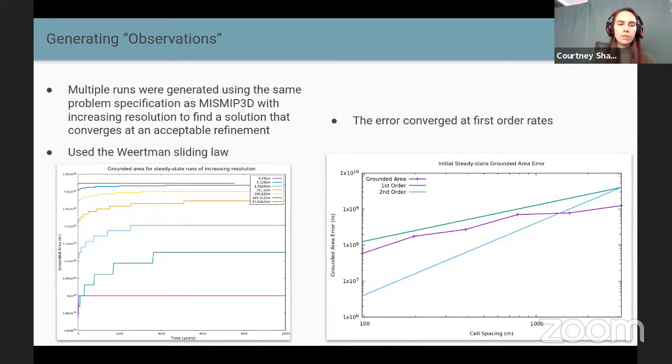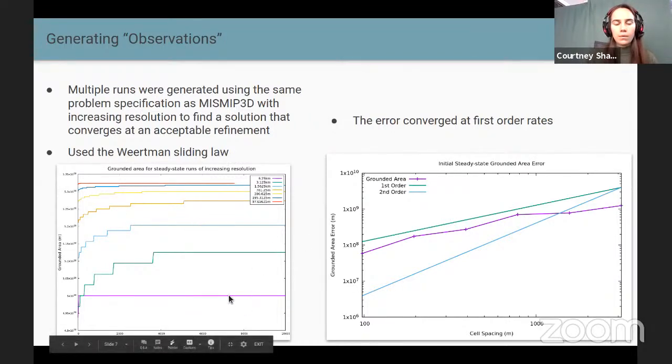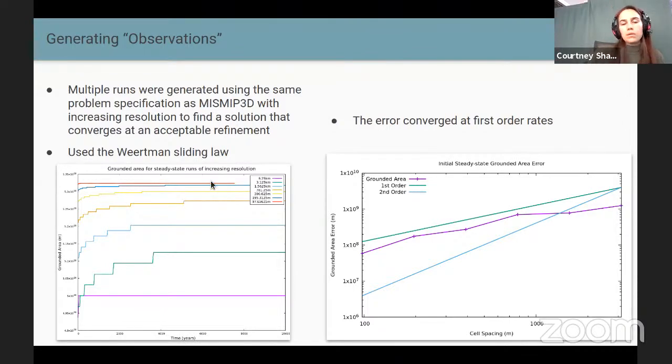Generating observations, we ran multiple runs with increasing resolution, all based on the original problem specification of MISMIP 3D. We also used the Weertman sliding law in this one. In this left-hand figure, you can see that with increasing resolution, the results are converging towards some value. We want to look at that error a little more closely.